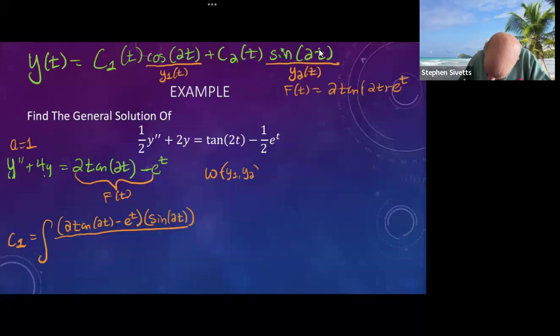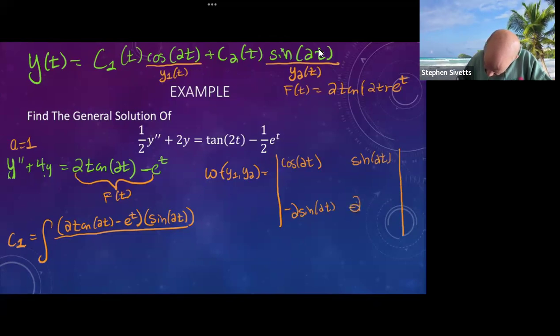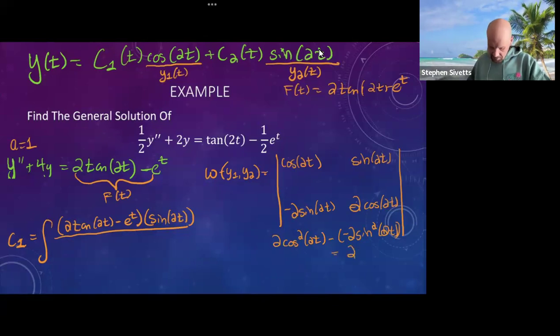So the Wronskian of y1 and y2 would equal the determinant of this matrix: cosine of 2t and sine of 2t, negative 2 times sine 2t, and 2 cosine of 2t. So that would equal 2 times cosine squared 2t minus negative 2 sine squared 2t, which would equal 2, right?